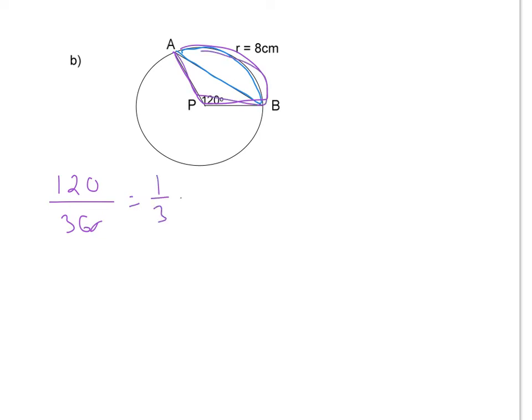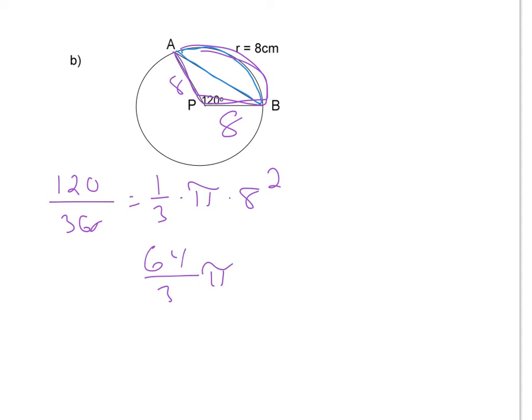So 1/3 times the area of my circle. Well, it says my radius is 8, so this is pi r squared, r, of course, is 8. The area of my sector is going to be 8 squared is 64, so it's 64 divided by 3 pi.